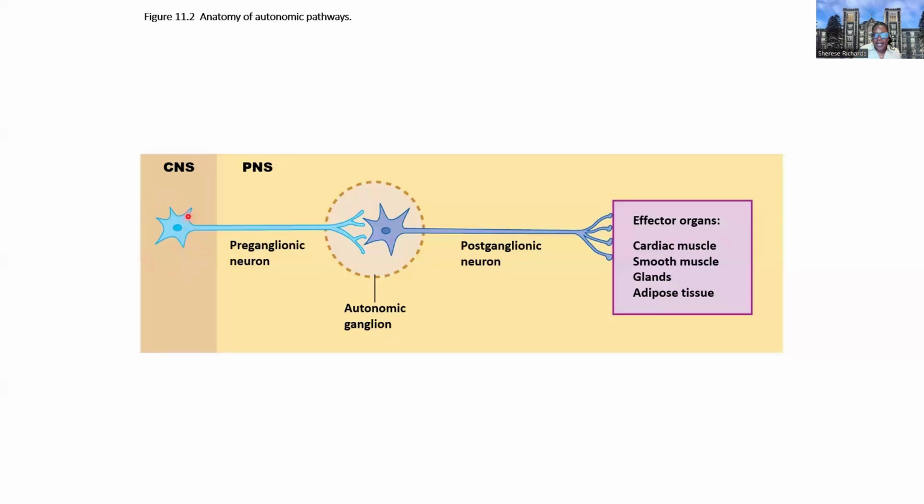So they're going to leave the CNS at different spots depending on the division. Then they travel out to the ganglia. They make a synapse here at the autonomic ganglia, and then a postganglionic neuron arises and goes the rest of the way to the various effector organs. And these are all those organs we looked at in the middle: the bladder, the genitalia, the intestines, etc.